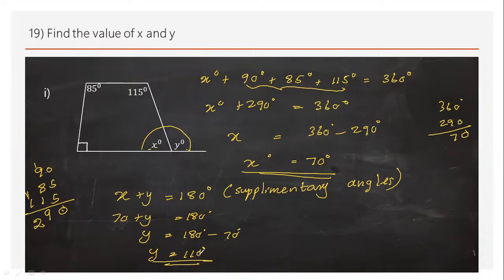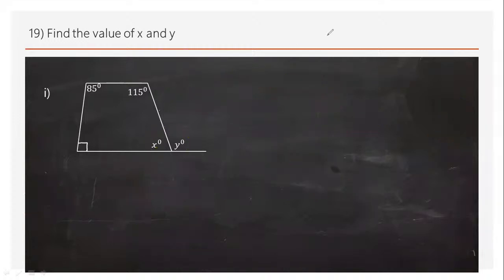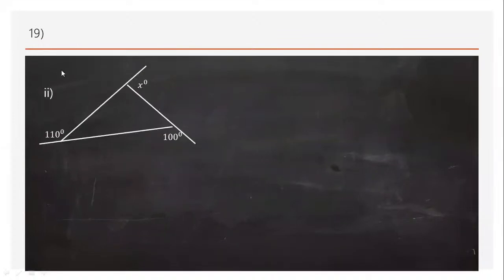Then we have to do the second part of this. Exterior angles of a triangle. You know the exterior angles of a polygon add up to 360.